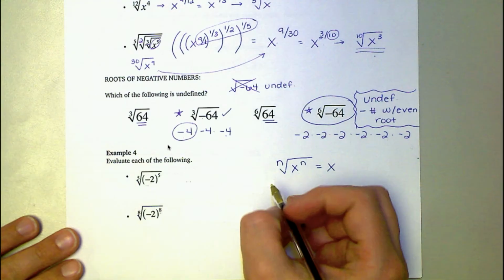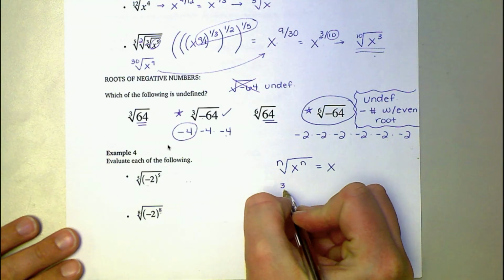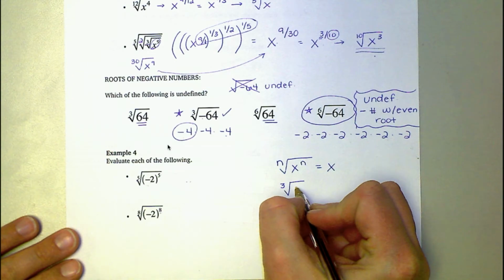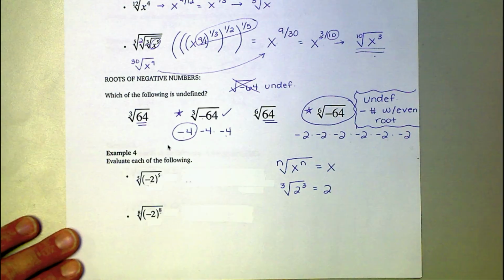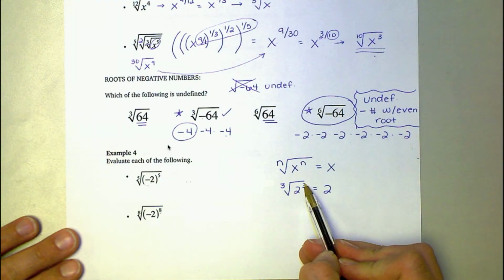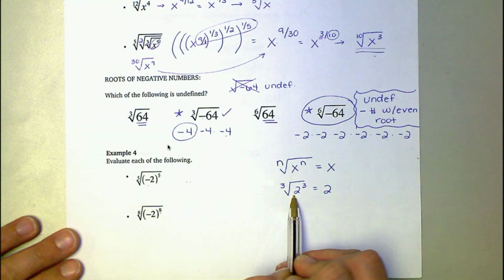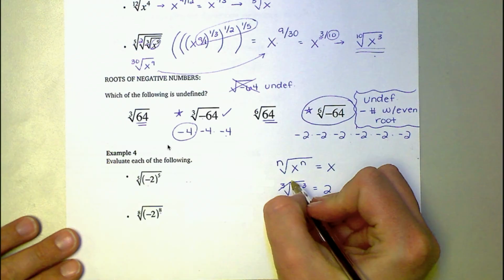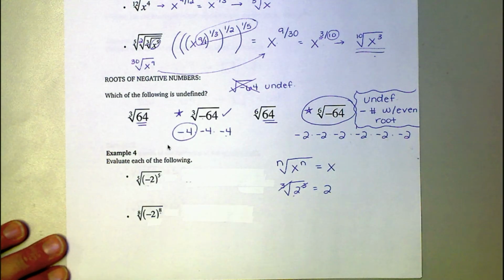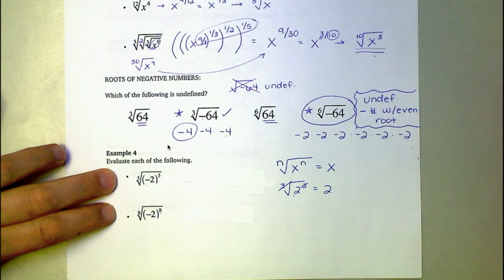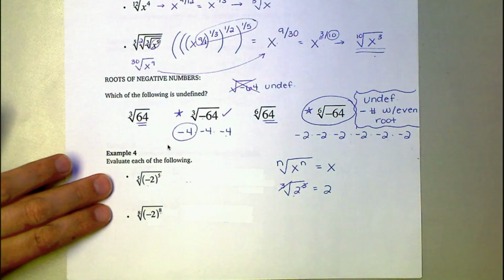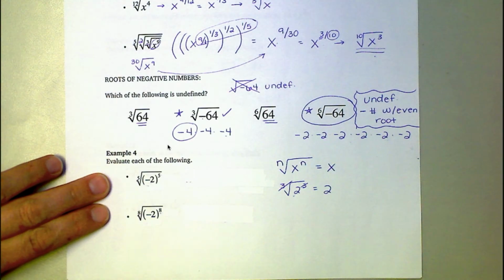So just as an example, the cube root of 2 to the third power should just work out to be 2, right? Because 2 to the third is 8, but then the cube root of 8 would bring you back down to the 2. Basically, the root and the power should cancel each other out, okay? But there's a situation where that doesn't happen the way it's supposed to, and that's kind of what this example is getting at. And again, this is covered in your homework assignment in a couple of different ways.